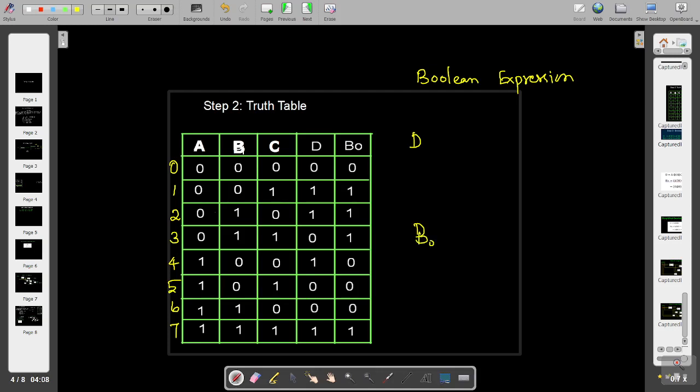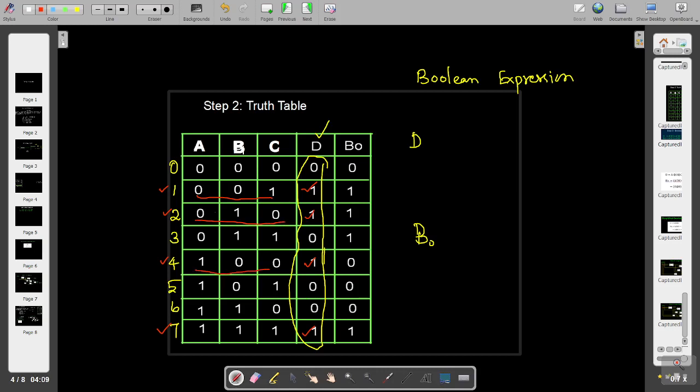For that we have to check the ones corresponding to this D column. So if you take the D column completely, what are the ones available? We can check this is one that corresponds to this one, and then this one for 2, and this one for 4, and this one for 7.